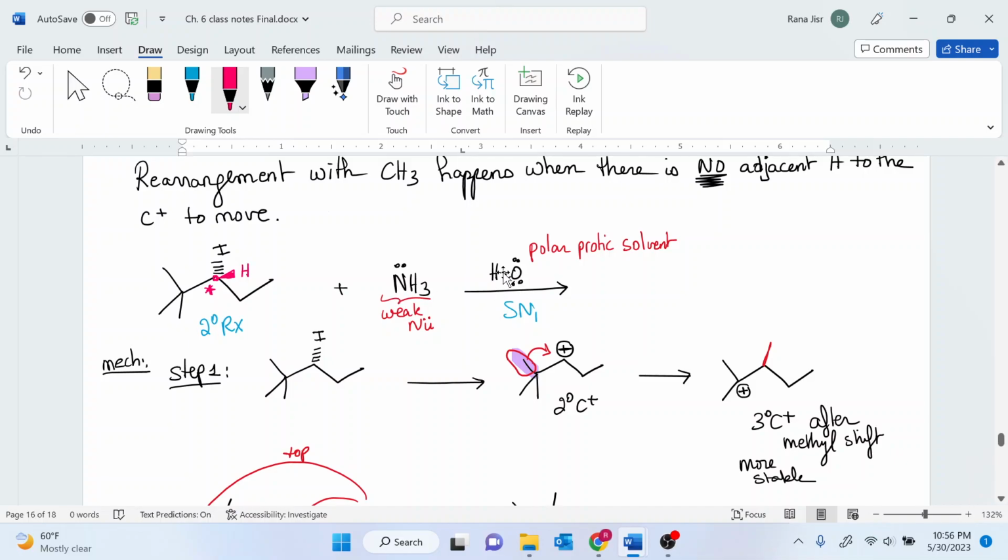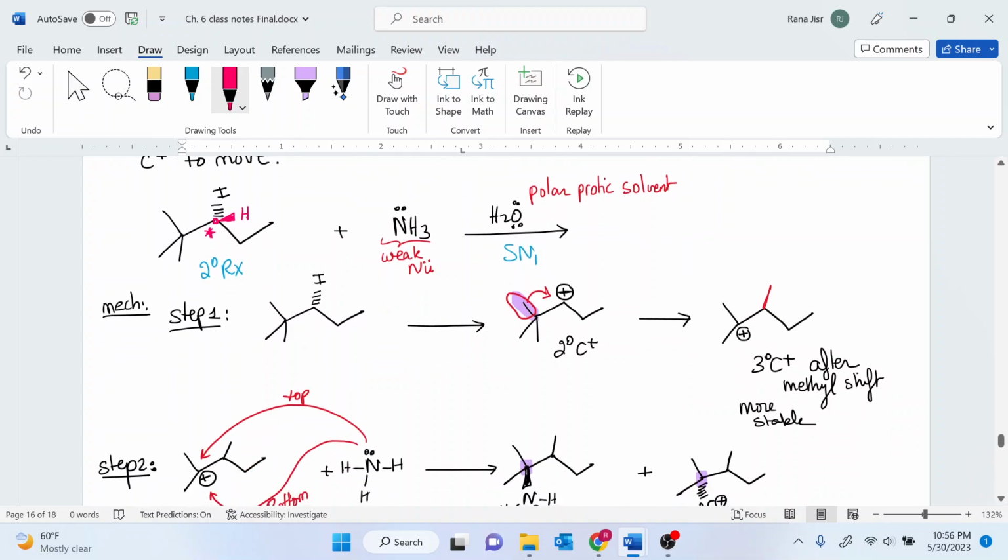And as we said, in SN1 reaction, the role of the solvent is to make sure that your products are always neutral. So solvents at the end, in the last step, they act as a base and take the extra hydrogen in the solution. So the first step here, you are going to lose the iodine.